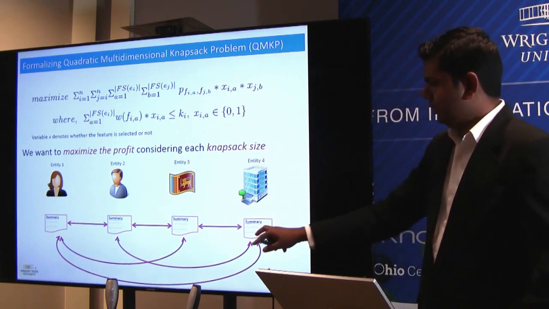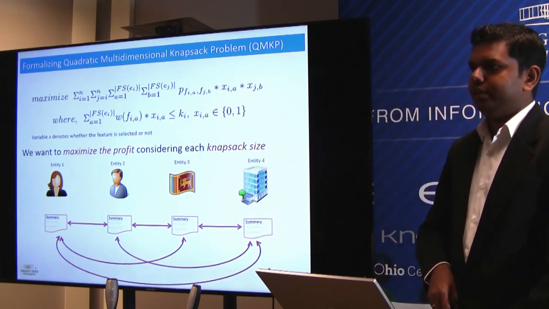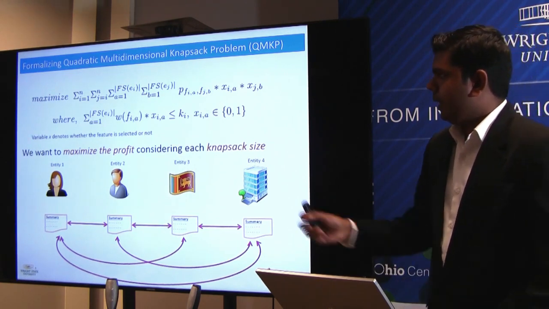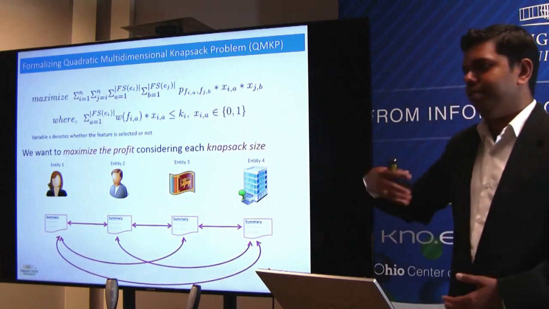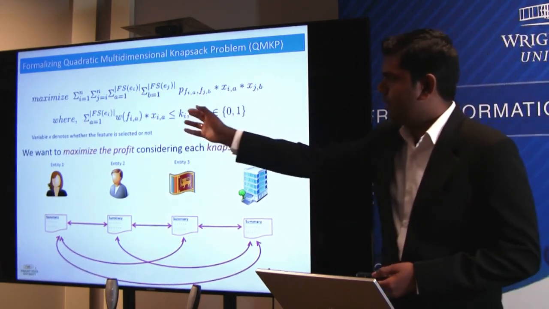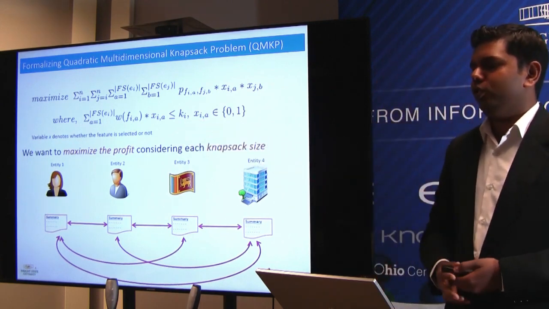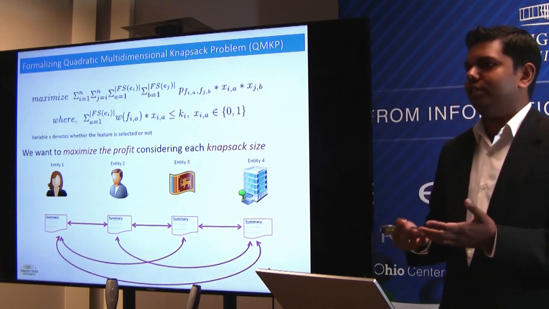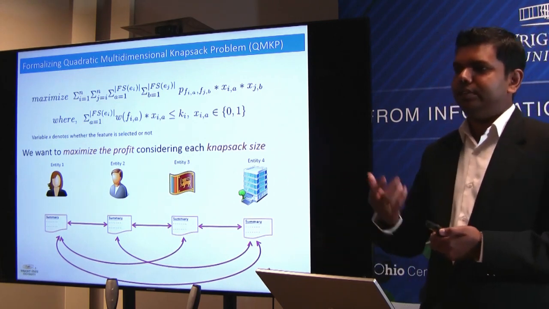Here the knapsack size is the length of each summary. So that's the restriction we need to keep in mind. And here the ki means each summary length. And in our problem, we make the weight of each feature uniform, equal to 1. And that effectively makes the summary length the knapsack size.